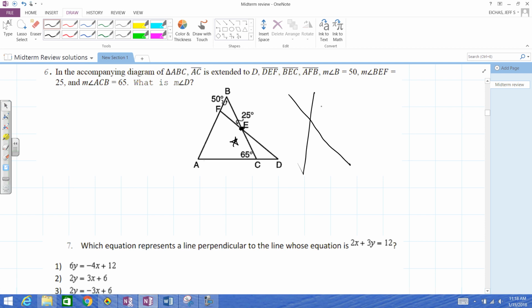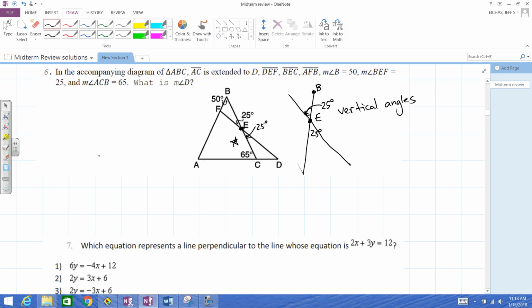If we have a 25 here, then we've got a 25 degree angle there because vertical angles are congruent. That's at angle E. If you're not tracking with me, I went B, E. So right there, I got a 25-degree angle.